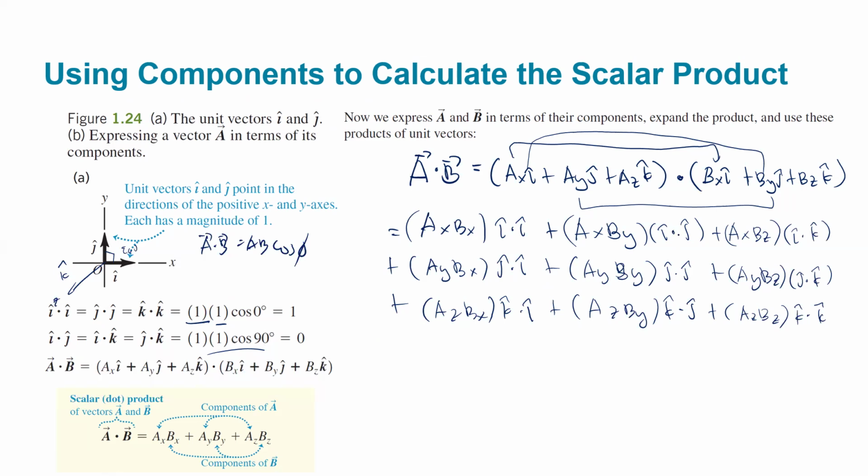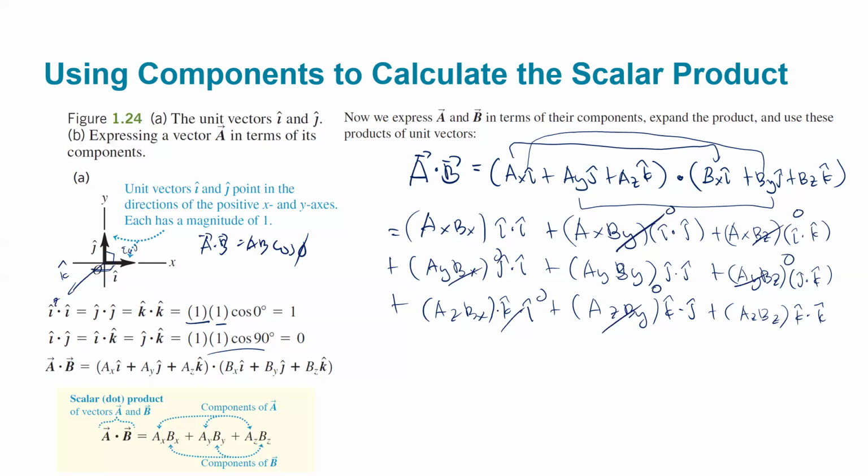So i dot j is 0. I dot k, this one is 90 degrees also, so 0, 0, and 0, and 0 and 0. So what's left is this one.